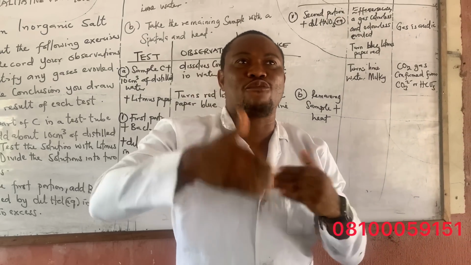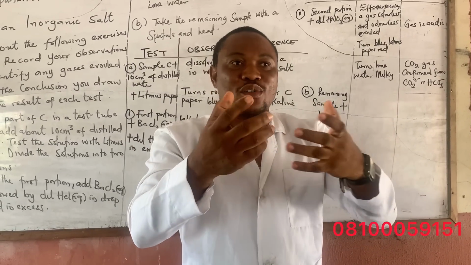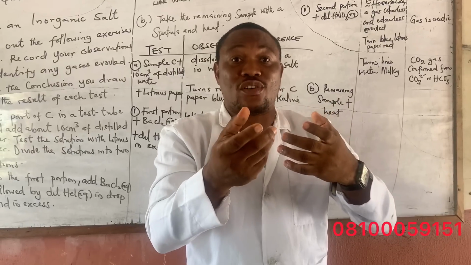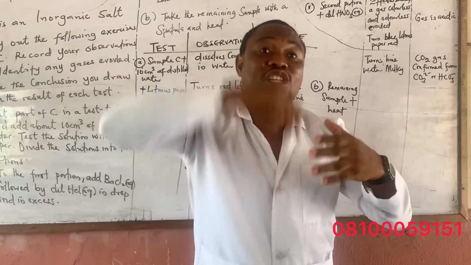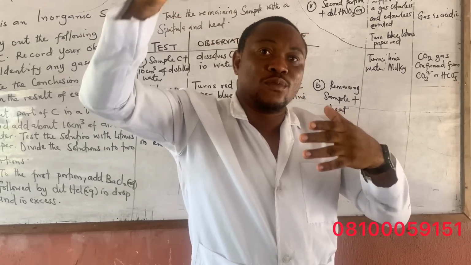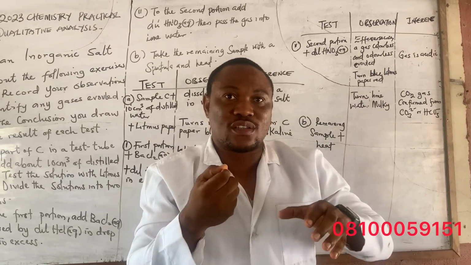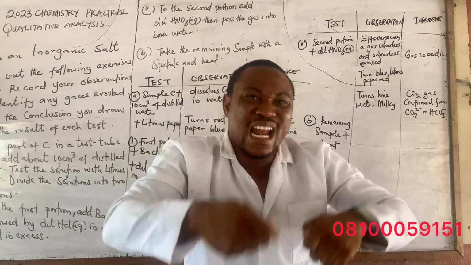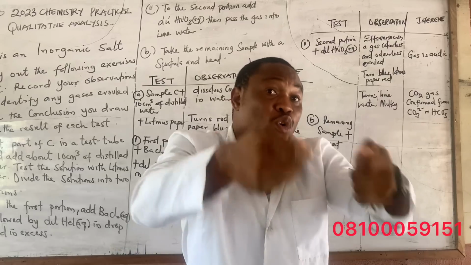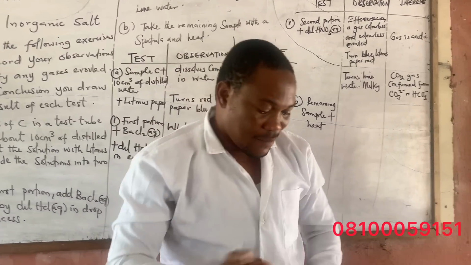A flame test works with thermal energy. When electrons acquire energy, they jump to what we call an excited state. When they release the energy they got, they release it in the form of photons. I will do a teaching on that, but this is just a flame test.